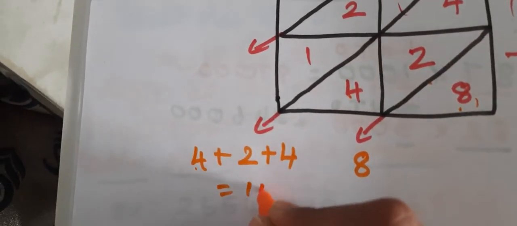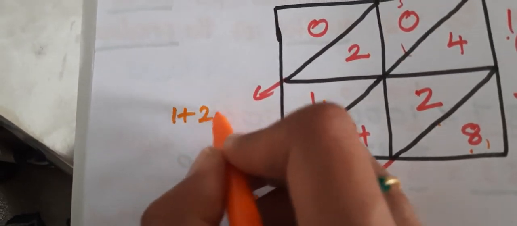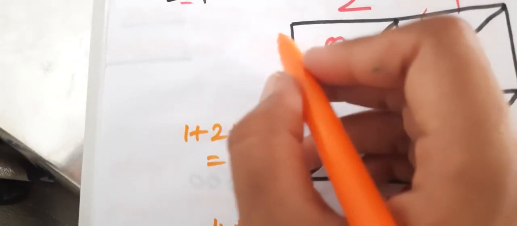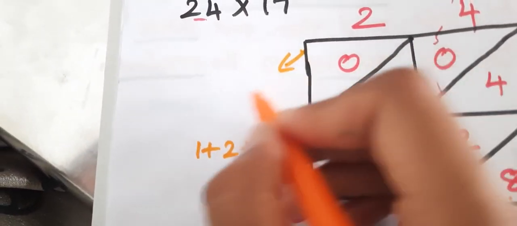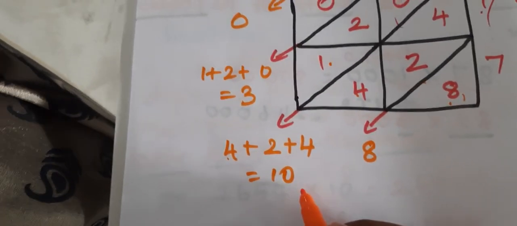So see here, one more change is there. First we have to add these numbers: 1, 2, 0. 1 plus 2 plus 0, the answer is 3. Okay, next one is 0. Now here we got a 2-digit number.